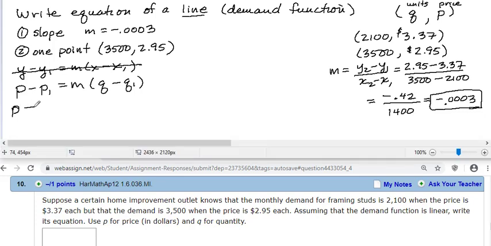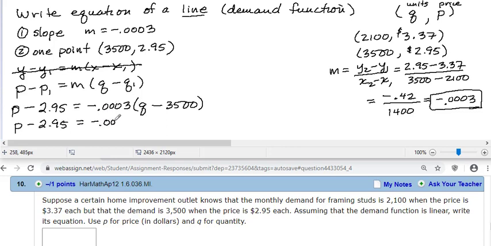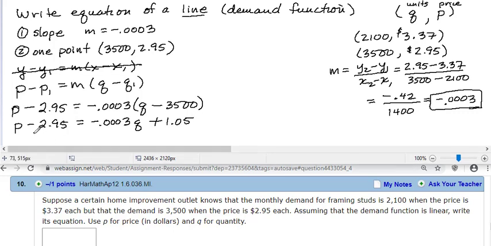So p, take away the p coordinate of the point I chose, 295, equals slope, plug in negative 0.03 times q minus q1, 3,500. And simplify, distribute. Distributing the negative on the second term will make it positive. That's 105. And then add 295 to both sides.